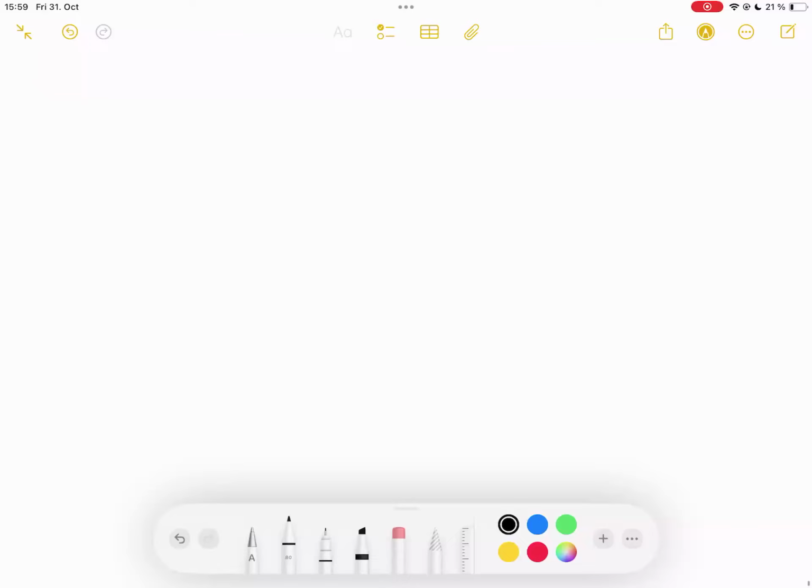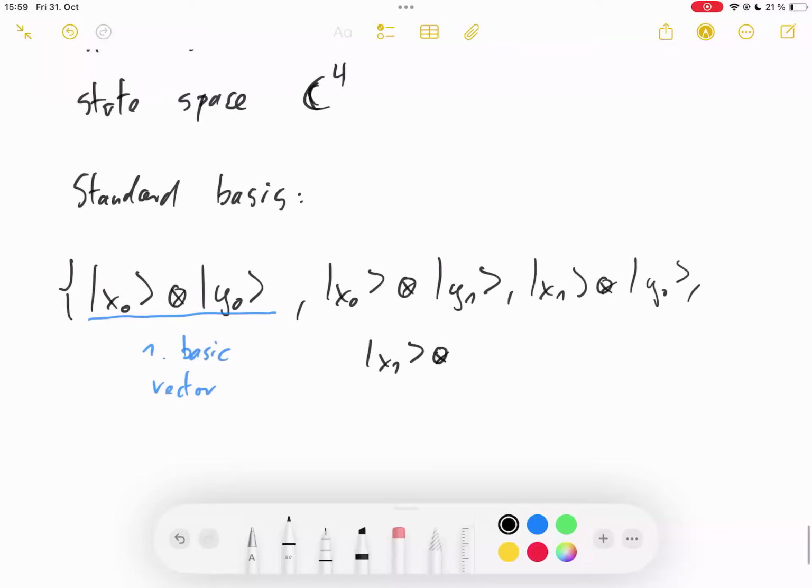We'll be back very soon. And y1. So the first basis, then the second basis, and then the third basis. So 4 basic vectors in the basis.